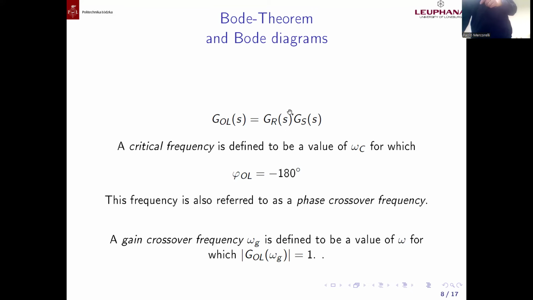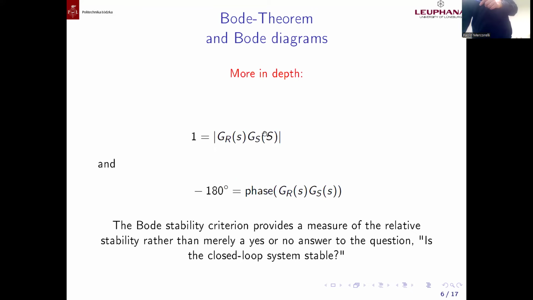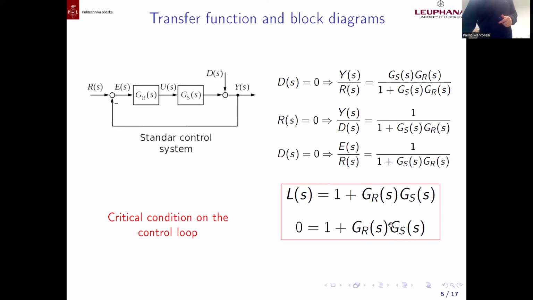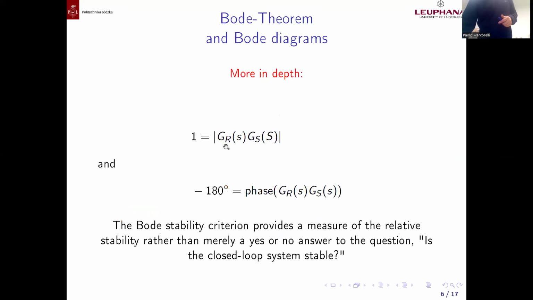Why open loop? Because I open the loop. For the closed loop with D of S equals 0, this is the transfer function. If I open the loop, the transfer function between, let me say, R of S and Y of S is exactly this, GR multiplied GS.